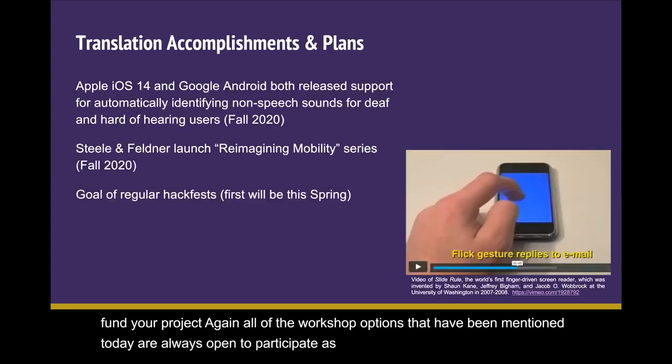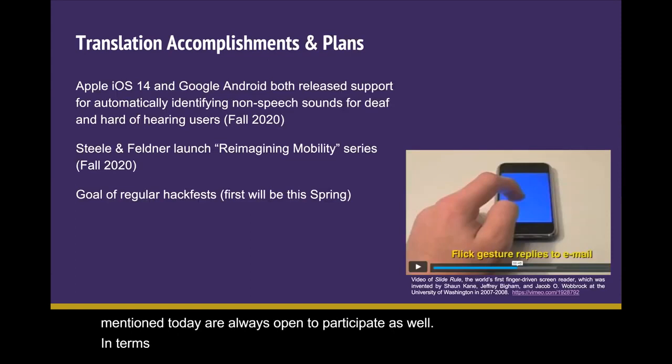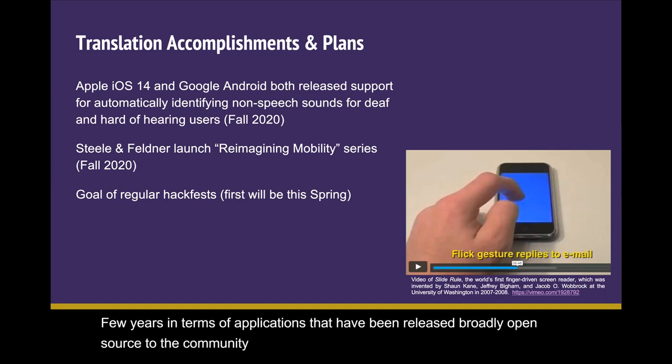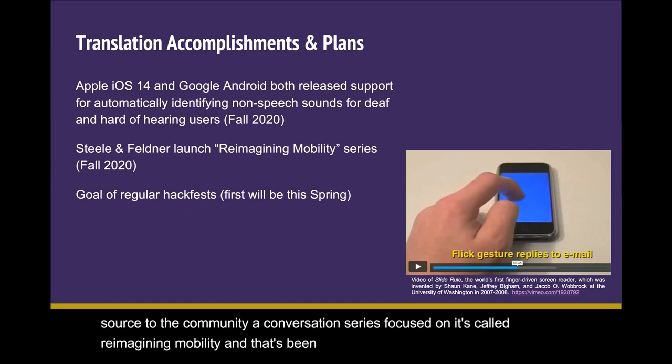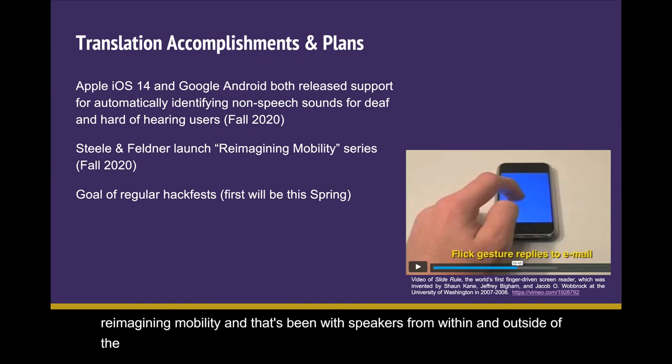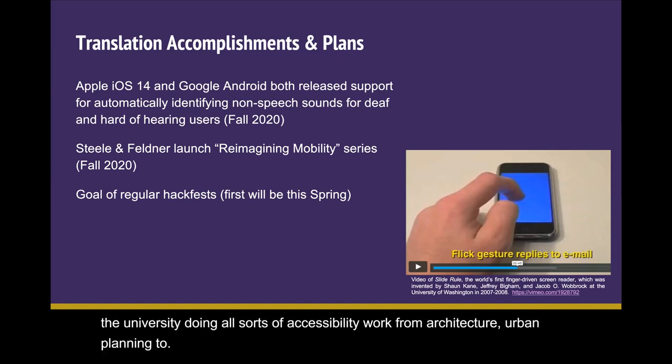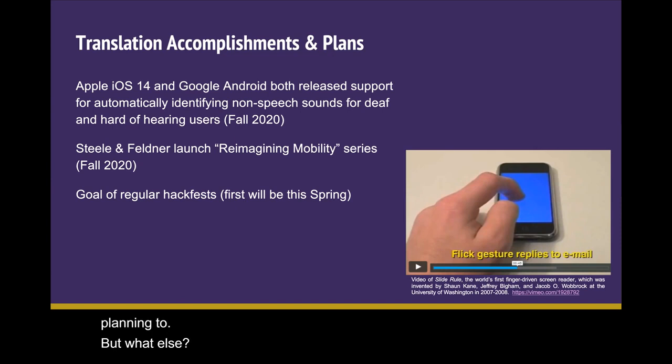In terms of translation, a couple of the things that we've done over the past few years include applications that have been released broadly, open source to the community. A conversation series called Reimagining Mobility has been with speakers from within and outside of the university, doing all sorts of accessibility work, from architecture to urban planning to streets and sidewalks, to real estate.